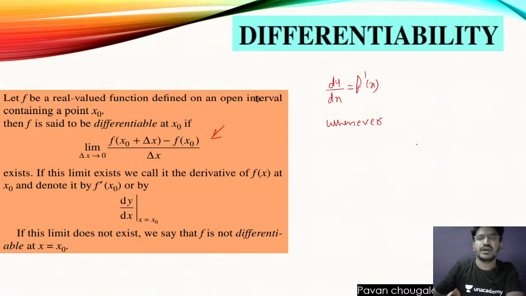Okay. So whenever the given limit exists, see this, it is the given limit. If this exists, we say dy by dx is existing.